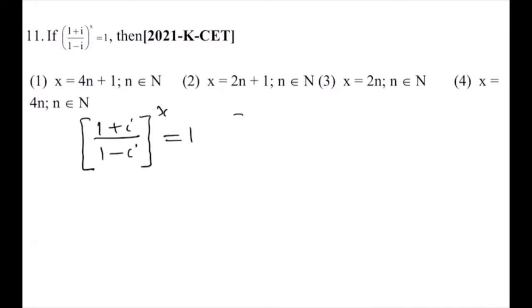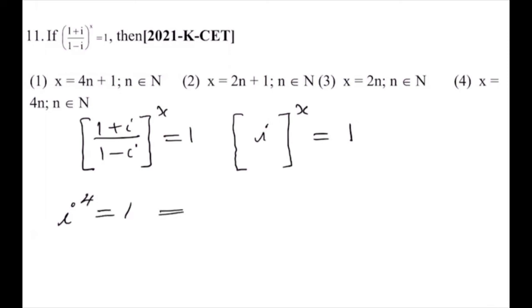As before, we shall directly take 1 plus i upon 1 minus i as i. That is i power x equal to 1. So we know that the least positive integer for which i power x is 1 is 4. So i power 4 is 1.